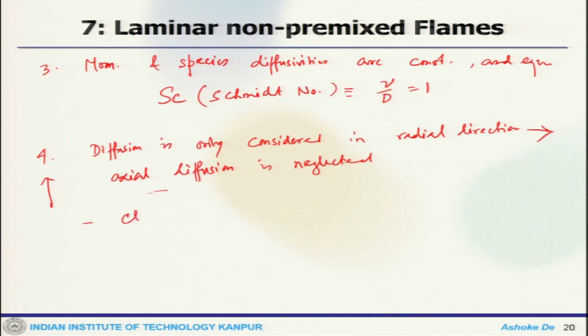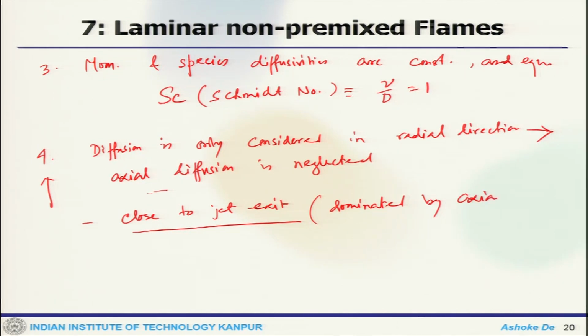So, close to the jet exit it is primarily dominated by axial diffusion. So, there this will not hold good, or rather this is not a good assumption.